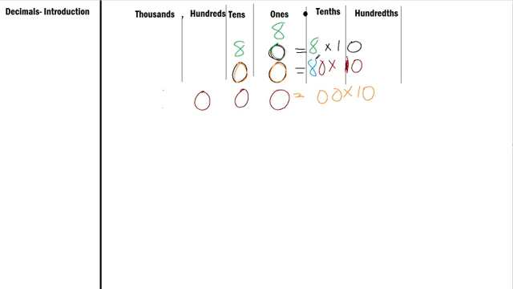80 times 10 equals 800. And 800 times 10 equals 8,000.